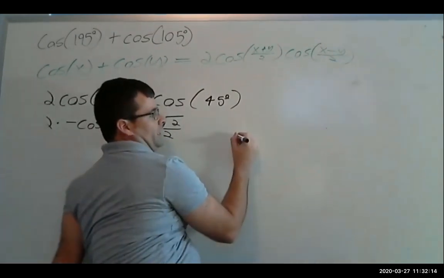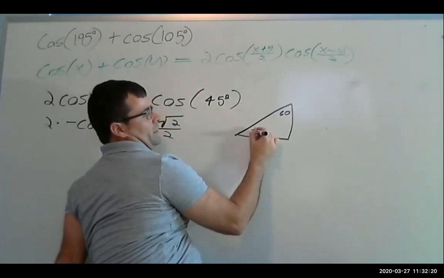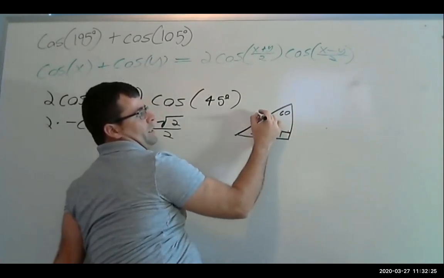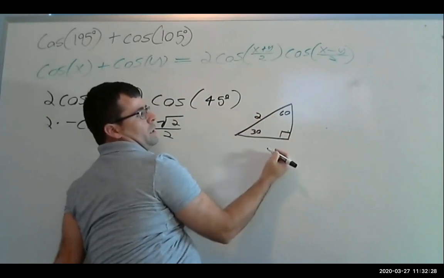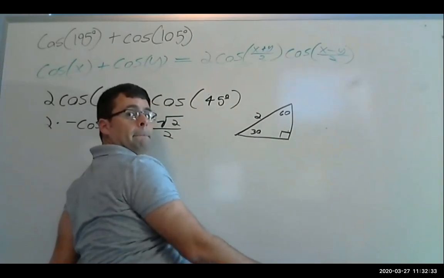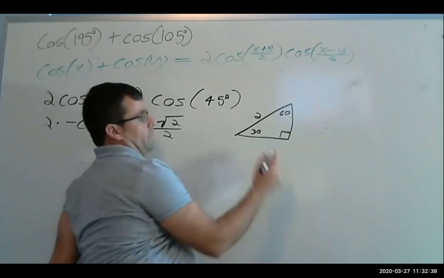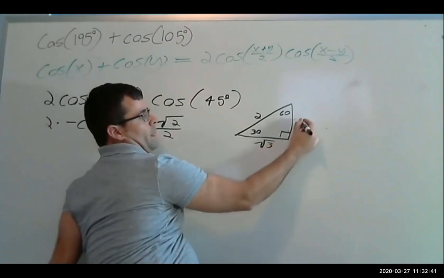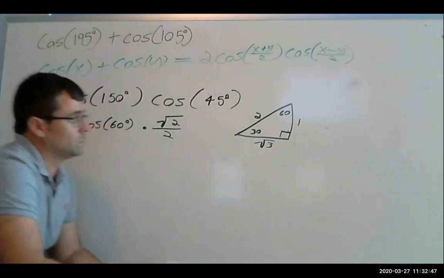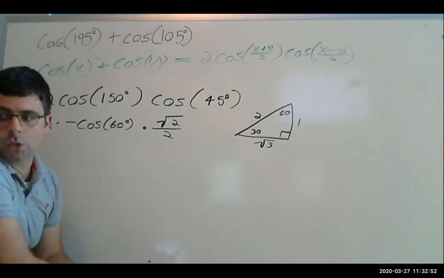You have a 30-60-90 triangle. This is 60 and that's 30 and that's 90. So this is 2. What are the other sides? The side opposite of 60 would be √3. Yep. The other side is 1. So what is the negative cosine?